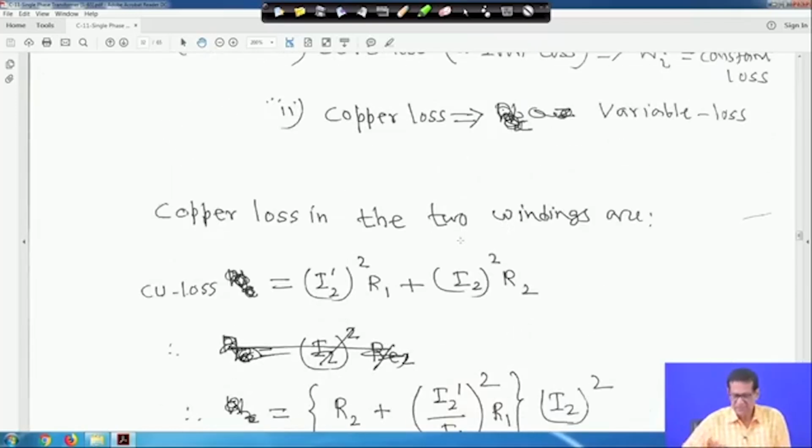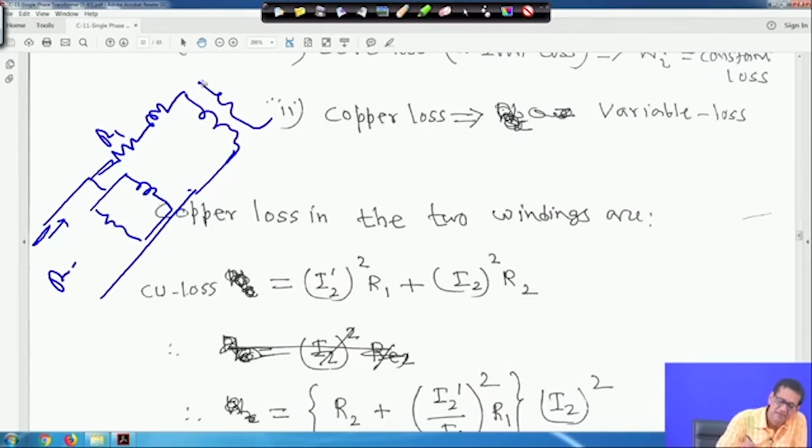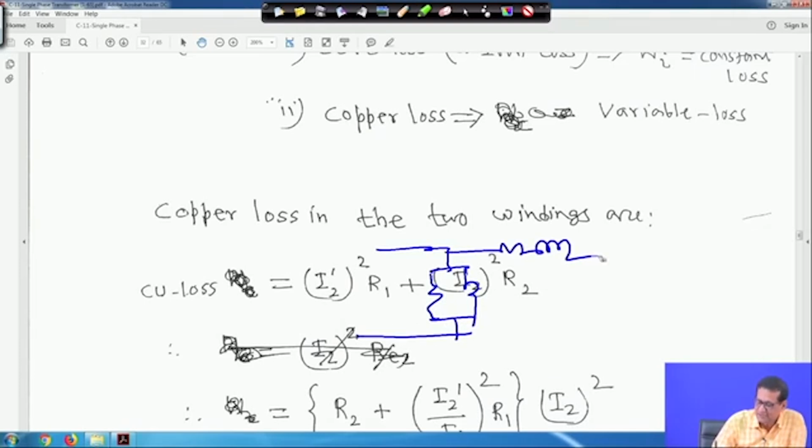If you draw the circuit, this is the core loss component and this is the magnetizing component.